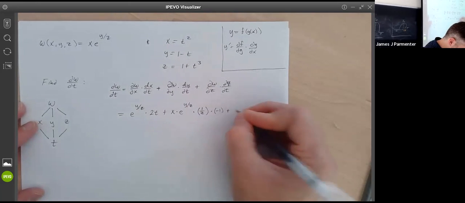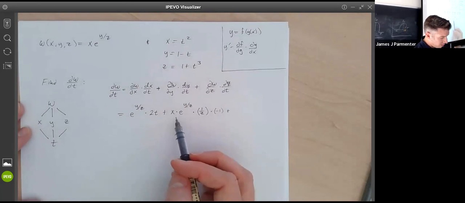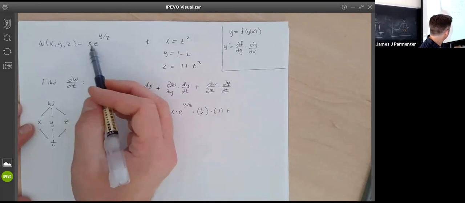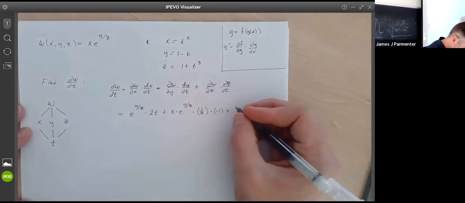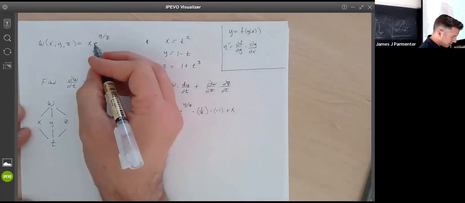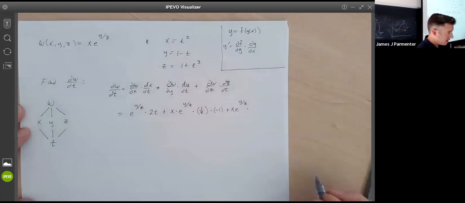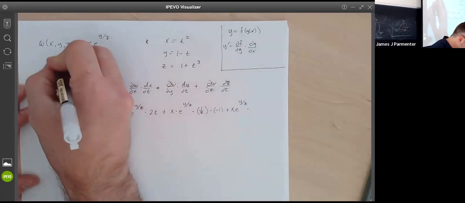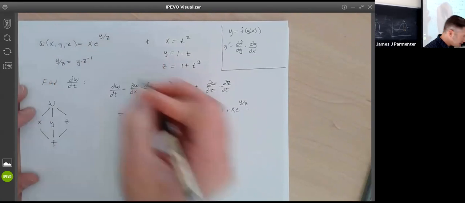And thirdly, we have del w del z. Okay, del w del z and del w del y are very similar. We're both taking the derivative of a constant x times e to the stuff. So I'm still going to get x. The derivative of e to the stuff is e to the stuff. But now the thing I'm multiplying by is the derivative of y over z with respect to z. So I might think of y over z as y times z to the negative first.